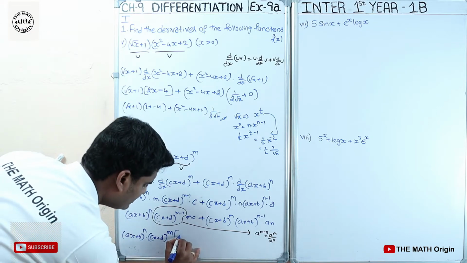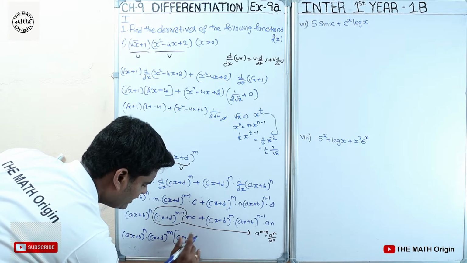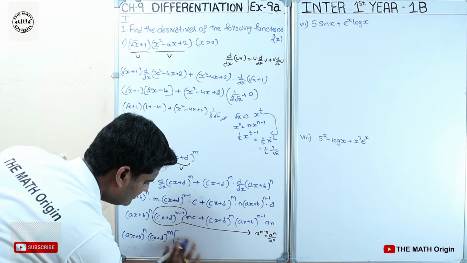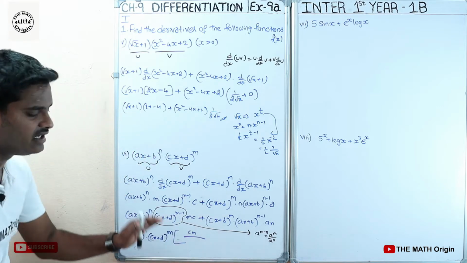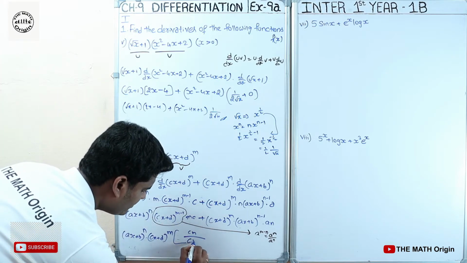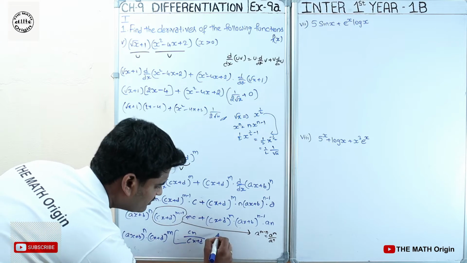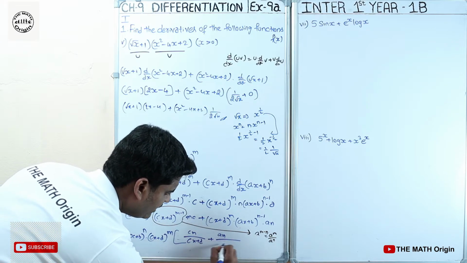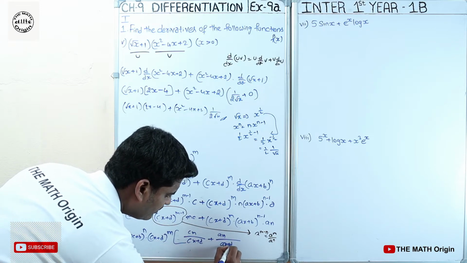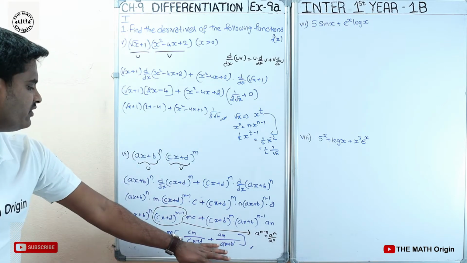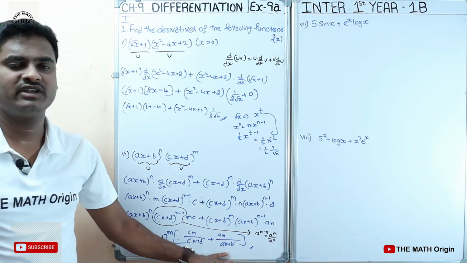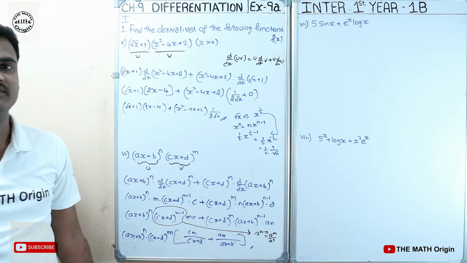So I will have this value cm, and cm divided by the denominator value cx + d will be present here, plus here also an by (ax + b) will be left over. This is the simplified derivative function for the given question.